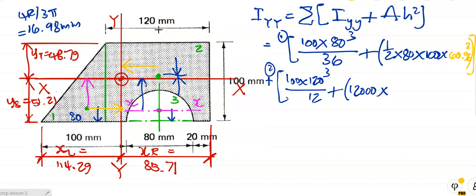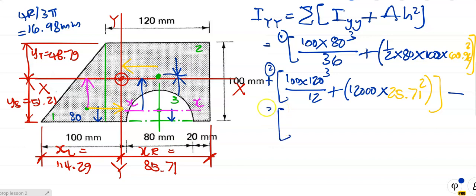Okay, so it's x right, which is 85.71, minus 60. It is 25.71. So it's 25.71 all squared. Close the bracket. And take away, because it's a void.